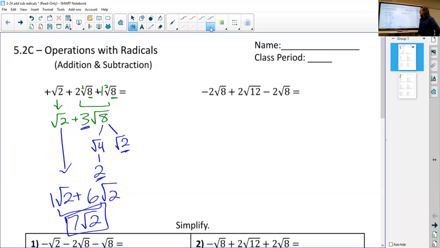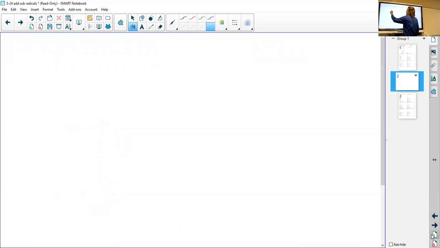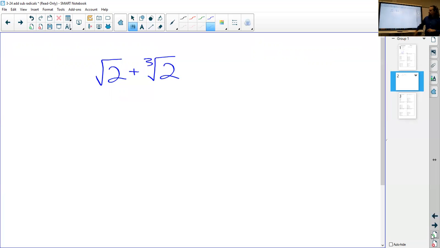Okay? So one other example that we didn't see there is what if our problem was the square root of 2 plus the cube root of 2? These ones have the same radicand, same number under the radical, but they have a different index, okay? Which means you cannot simplify this.